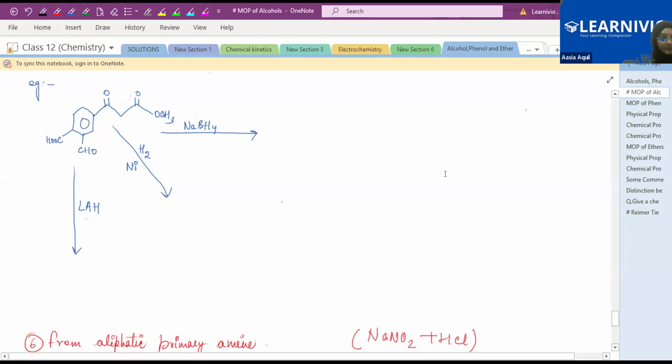Done, Ali and Vrinda? Yes, Vrinda, tell me the first one. When you use the reducing agent NaBH4, sodium borohydride, what will be the product?